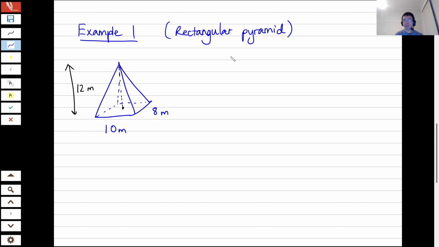The result that we just stated on the previous slide was that the volume of a pyramid was 1/3 times the area times the height, where area refers to the area of the base, which is on the bottom here.